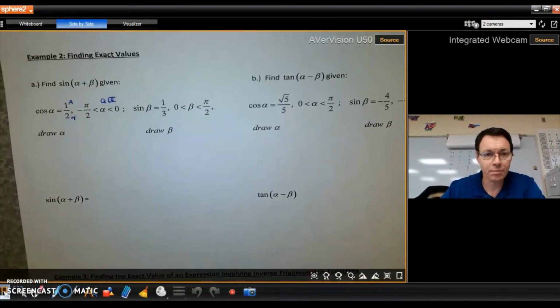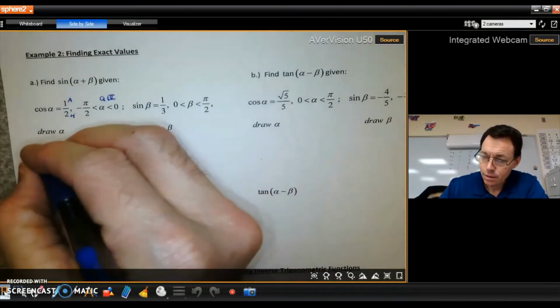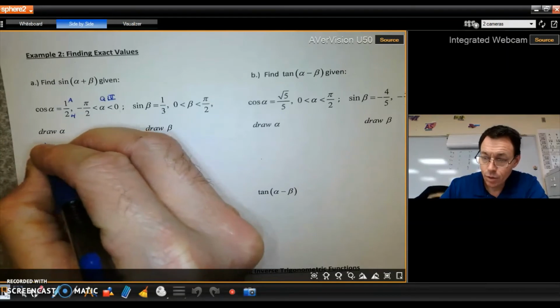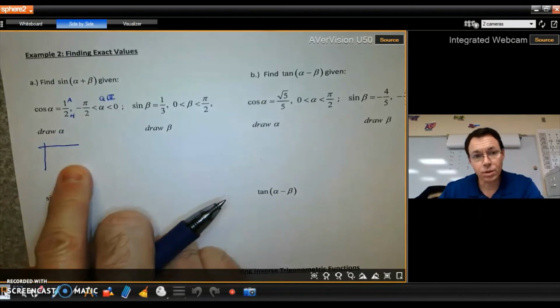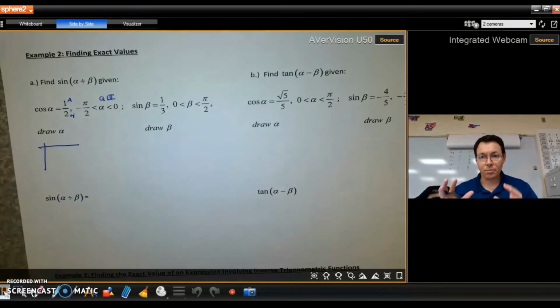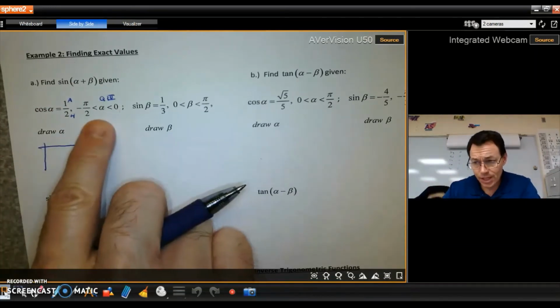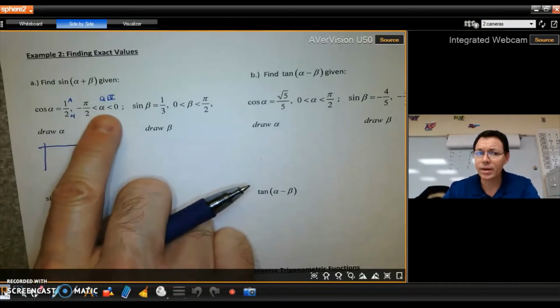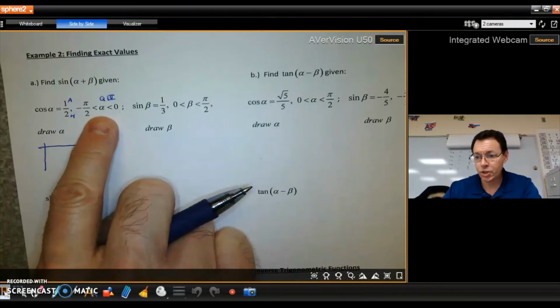Okay? Between negative pi over 2 and 0. So in quadrant 4. Now again, we are allowed to be in quadrant 4 because they're not using inverse notation. So we aren't restricted to just our principal values. That's why they had to tell us exactly where it is.